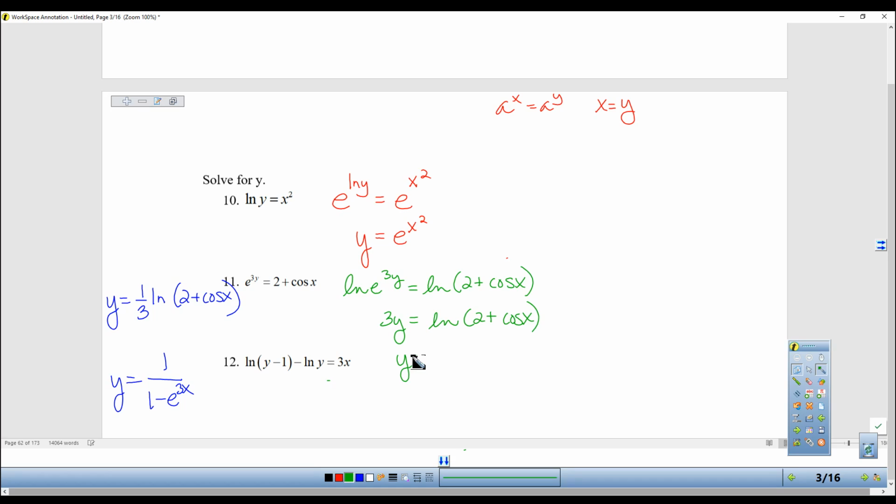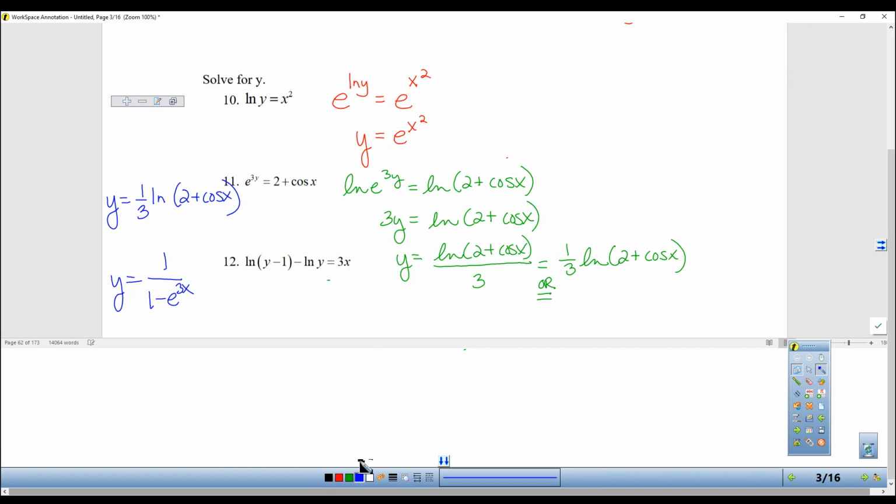And then I divide by 3. ln of 2 plus cosine of x, the entire thing divided by 3. You'll notice when I wrote the answer over there, I put the 1/3. That's because sometimes people do this wrong. 1/3 feels a little safer, but it is the same. There's nothing wrong with divided by 3, unless, of course, you try to actually divide by 3, which you can't.